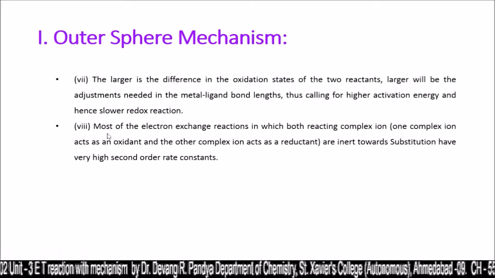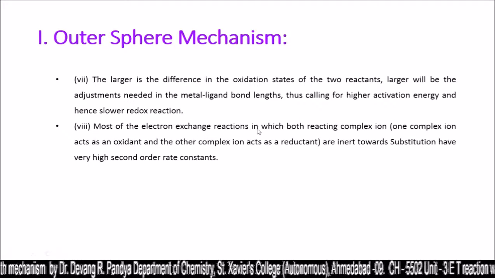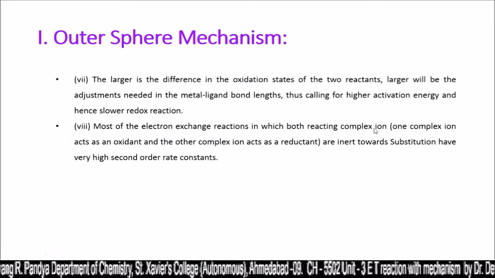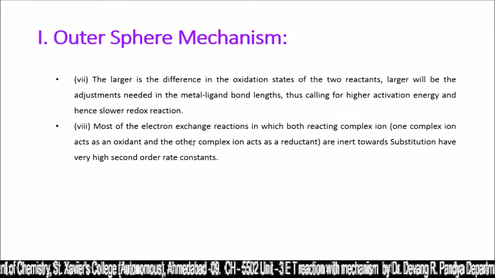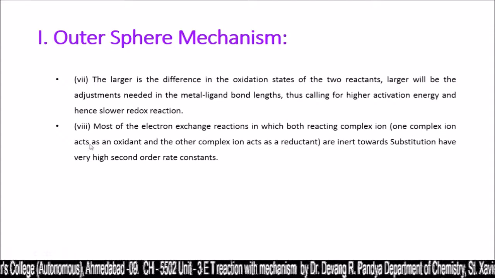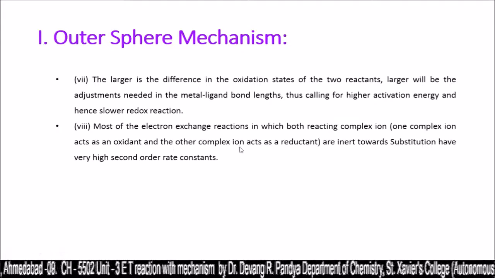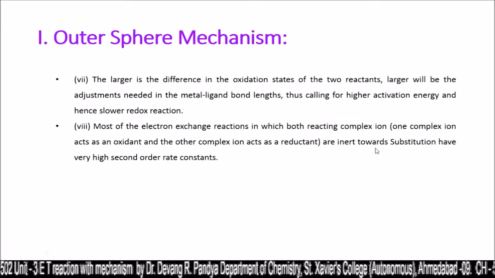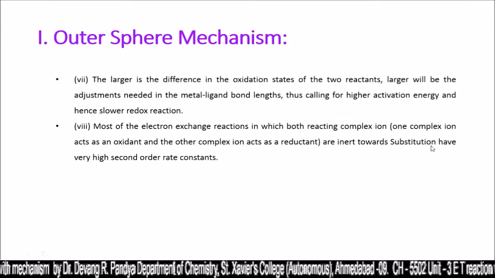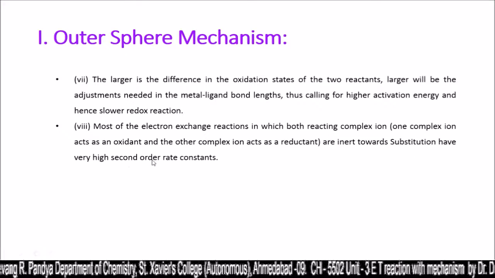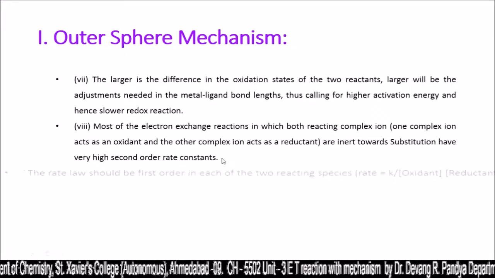Eighth point, most of the electron exchange reactions, in which one complex ion acts as an oxidant and the other complex ion acts as a reductant, and both reacting complex ions are inert towards substitution, have very high second order rate constant.